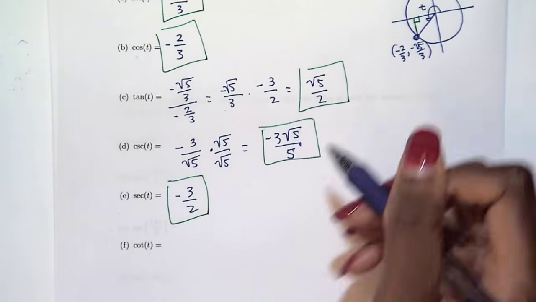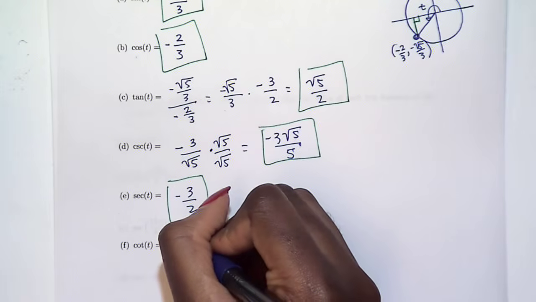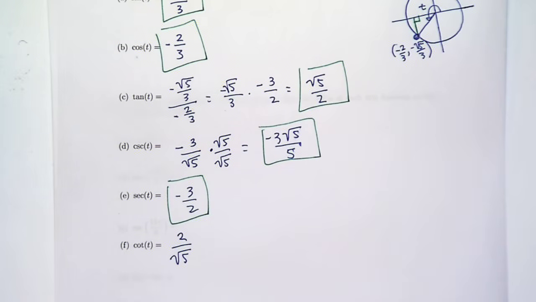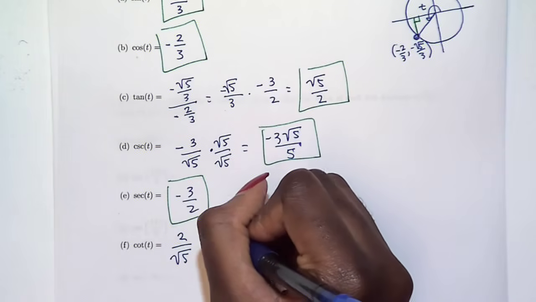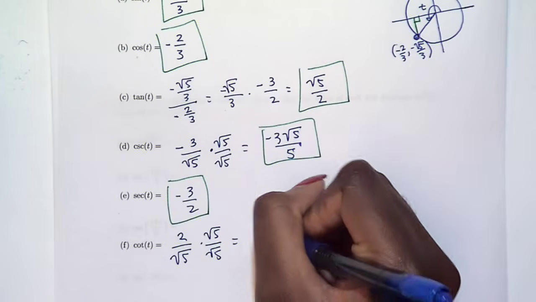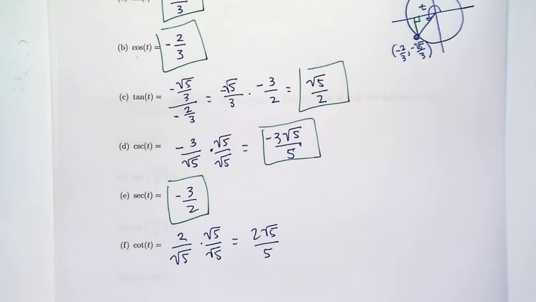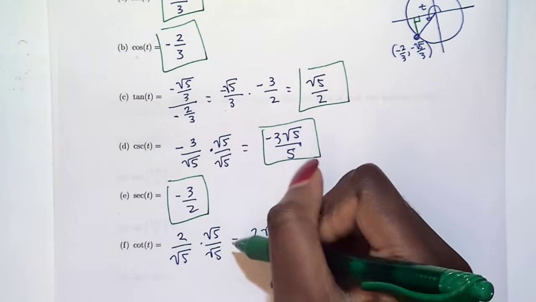We have tangent as root 5 over 2, so we could do 2 over root 5, and rationalize that denominator. Root 5 over 5 is our cotangent.